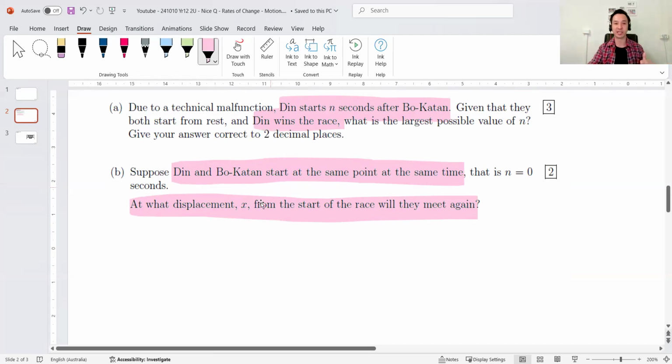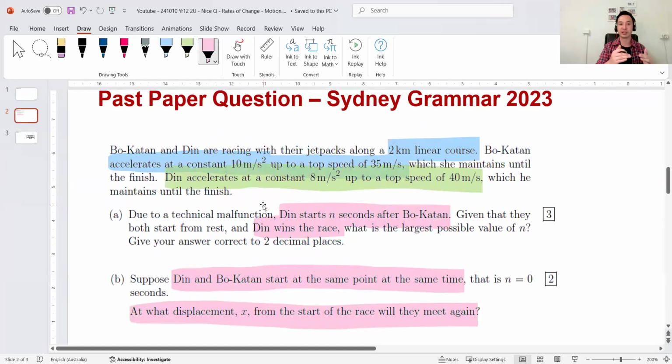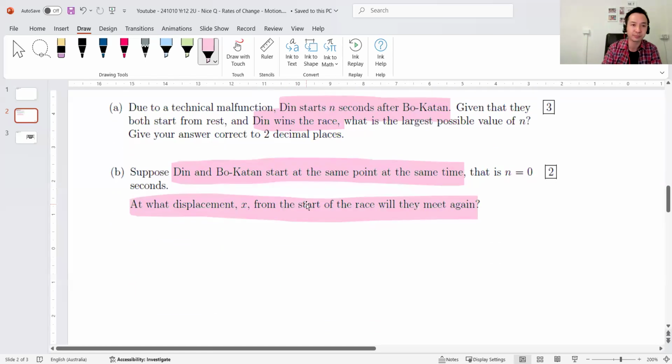For example, for the blue, if you say a equals 10, and when you integrate it and go 10t plus c, you got to set a boundary for that because that only exists for a certain amount of time, because once you hit top speed of 35, it stays at 35, right? So there's a calculus way. I'm going to show you the graphical way. I like the graphical way because A, it's faster, and B, it's just more intuitive, right? And I'll show you what I mean.